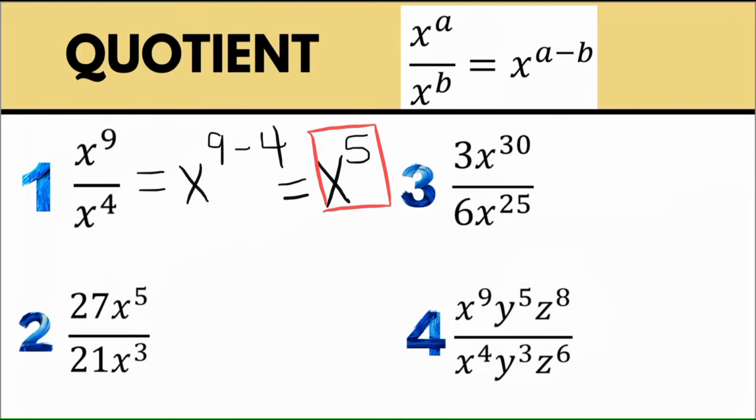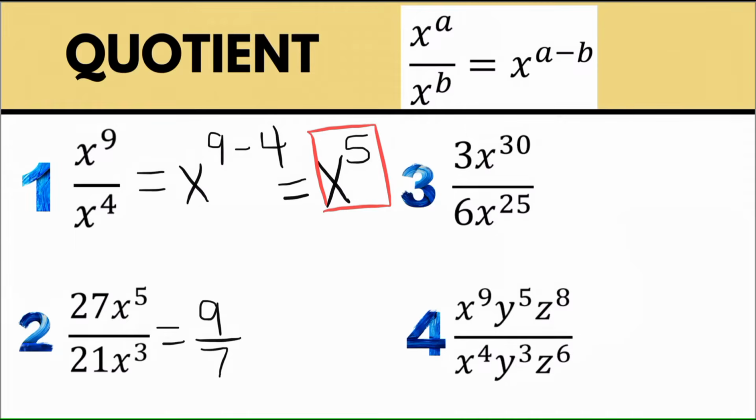Number 2. 27x to the 5th divided by 21x to the 3rd. Divide the coefficients. 27 divided by 21 just reduces to 9 over 7.